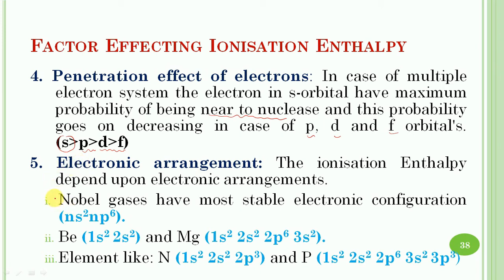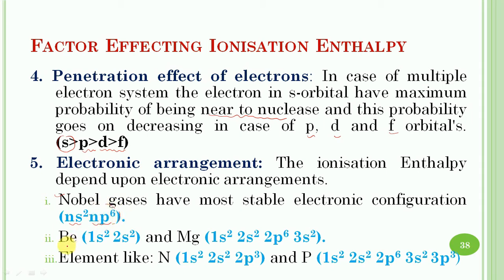The first one is the case of noble gases. In noble gases, there are 2 electrons in the s orbital and 6 electrons in the p orbital. So they show an electronic configuration in which all the orbitals are fully filled, so it is extra stable. So removal of an electron from these orbitals requires a very high energy.